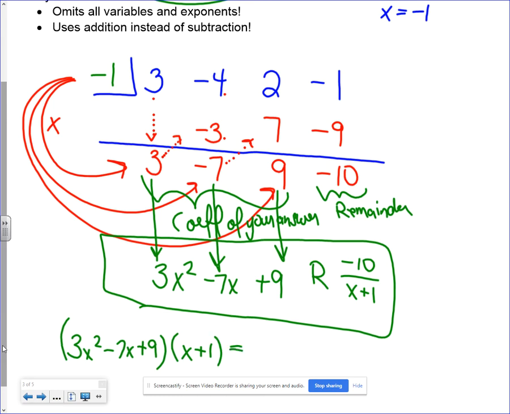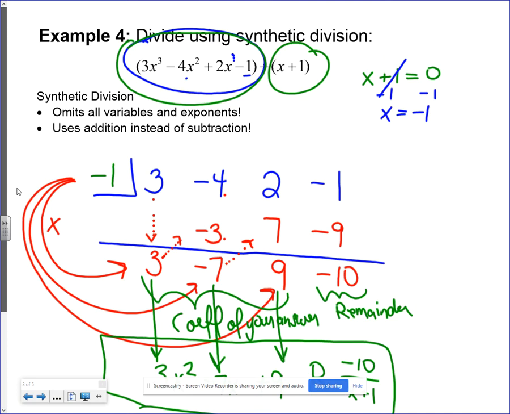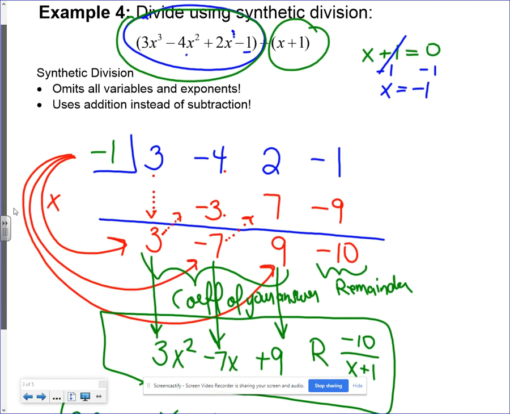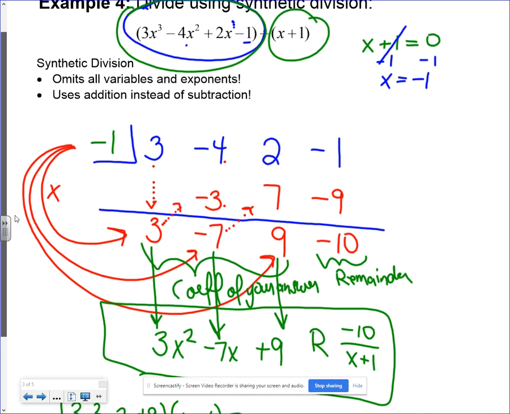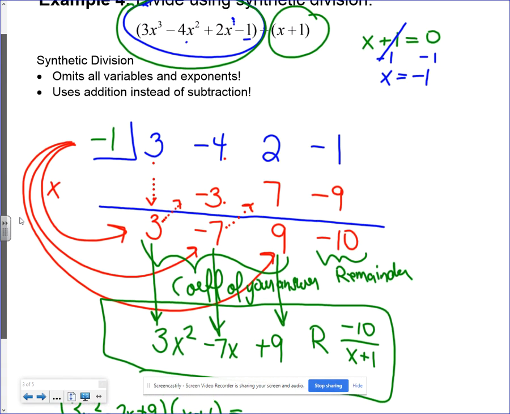If I was to multiply that all out, what I would end up with is, let's see, I would end up with 3x cubed minus 4x squared plus 2x plus 0.